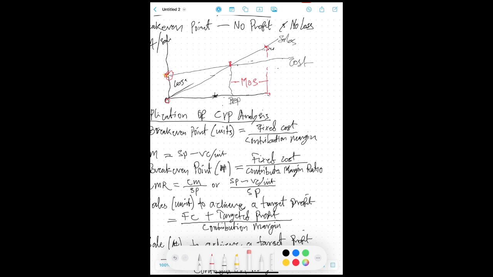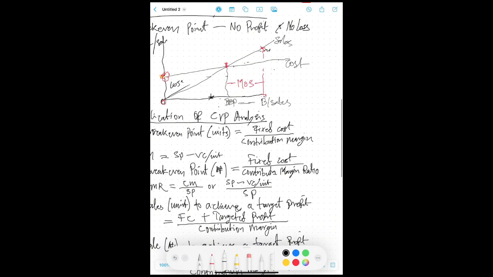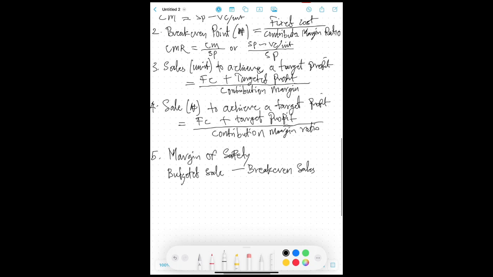Let's put here our break-even, and here our projected sales. The difference between the break-even sales and the budgeted sales is the margin of safety, because from the break-even sales upward, the company is making profits, so we are safe at that point. That's your margin of safety.